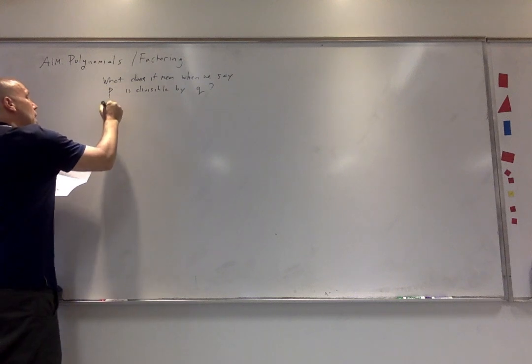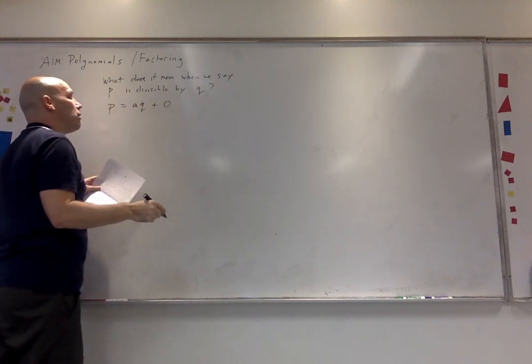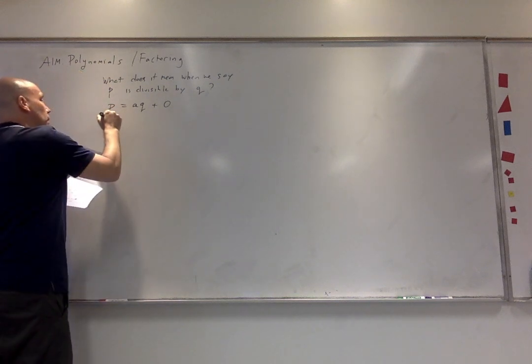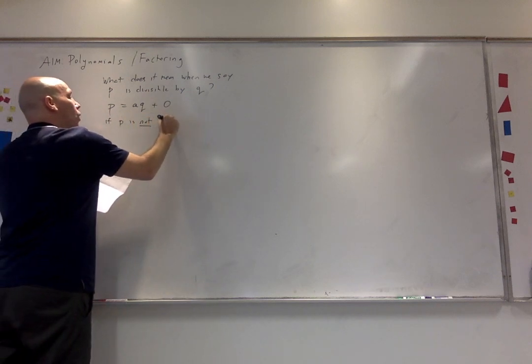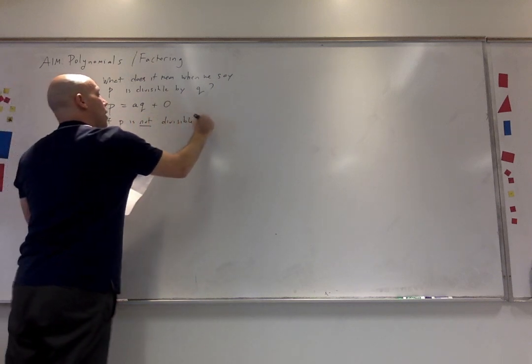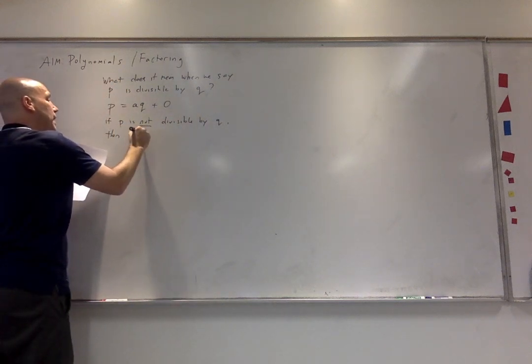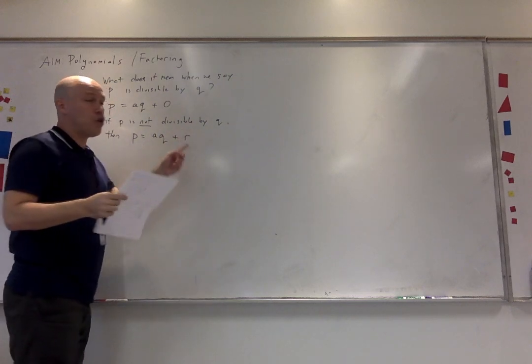It means that P is equal to A times Q plus 0. If P is not divisible by Q, then we say that P equals A times Q plus some R, which is the remainder.